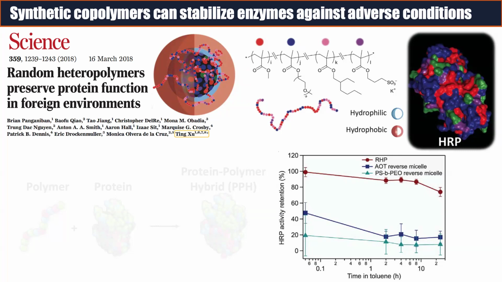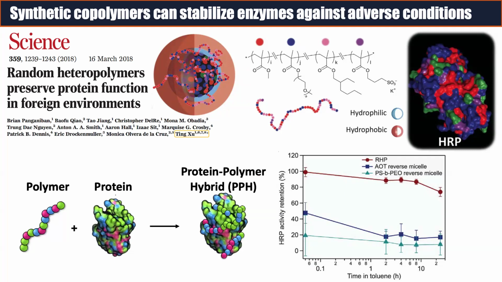It survives in toluene for a measurable amount of time. These more chemistry-agnostic approaches, like micellar encapsulation, work less well. And so this is quite promising. So we can ask the question: let's imagine that we have the capability to build polymers and then put them in the presence of these proteins.